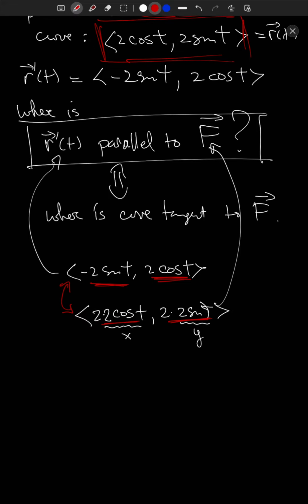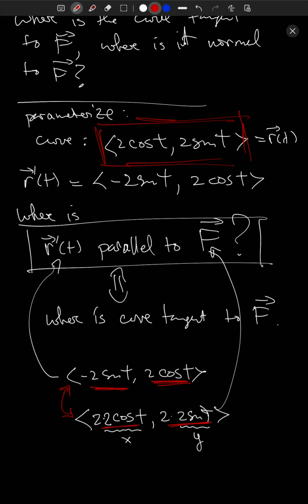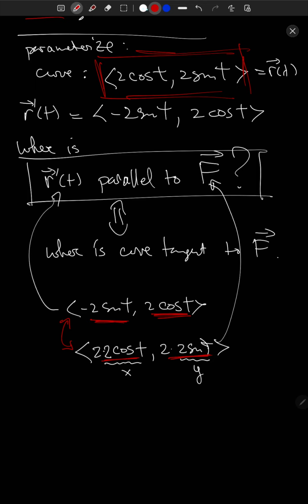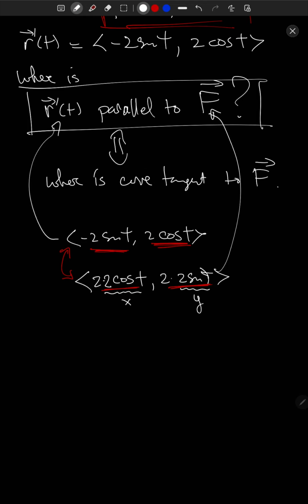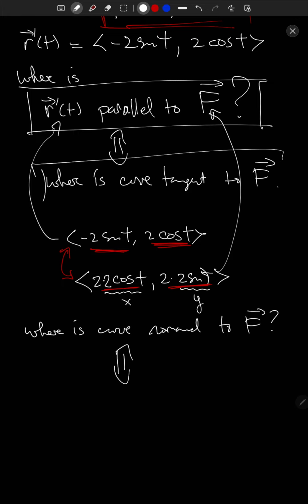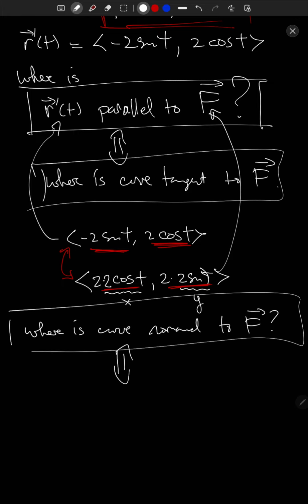The other question, where is our curve normal to F, where is it perpendicular to F? Well, same idea. That's the same as asking, where is r prime of t perpendicular to F?